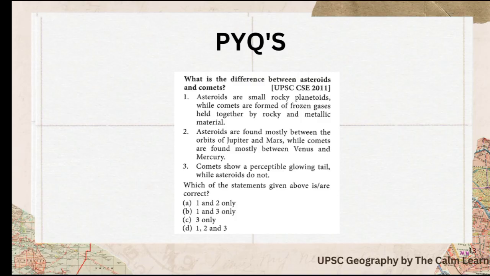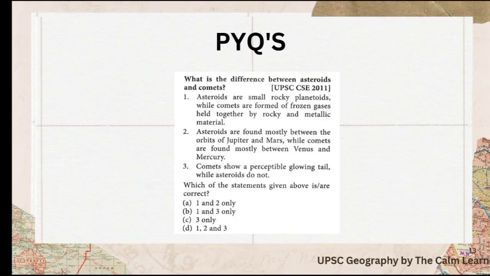Also, it is very hot near Mercury and Venus, and there are no rocky fragments and small asteroids near the inner planets because it is very hot there. So this option becomes automatically wrong.